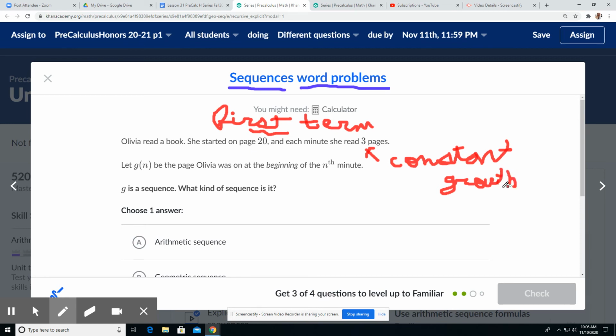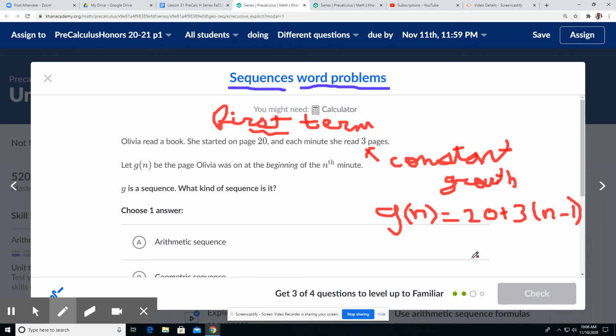So what does that mean? That means it looks like the form of y, in this case, G sub n. Let me just remind you of the first term format. G sub n is equal to our first term, which is 20, plus our growth, which is 3, times our n minus 1, moving it to the first term context.